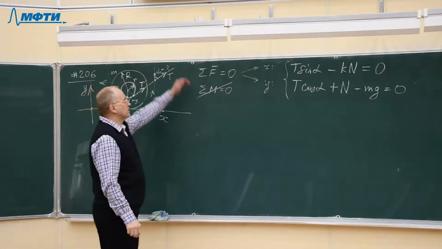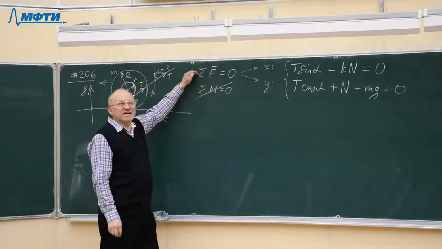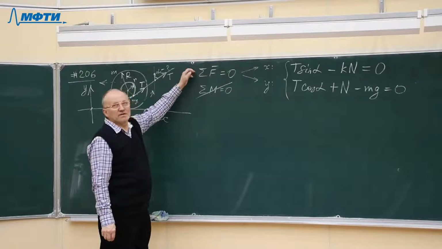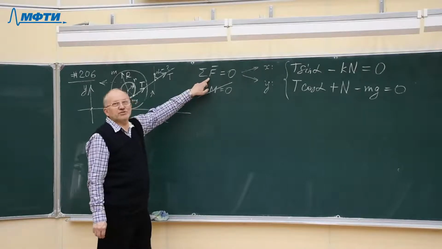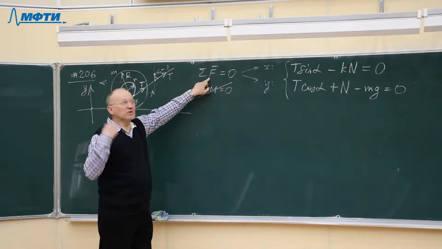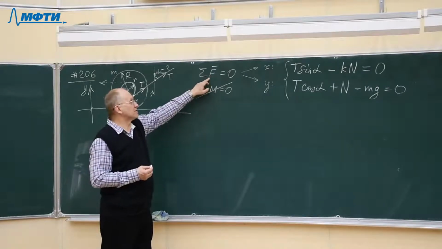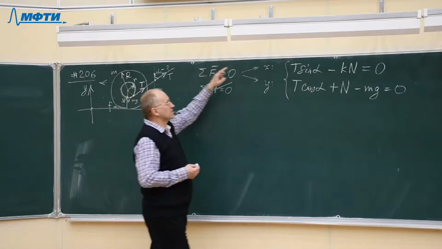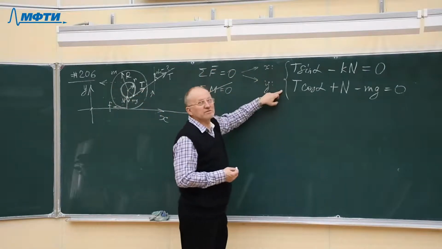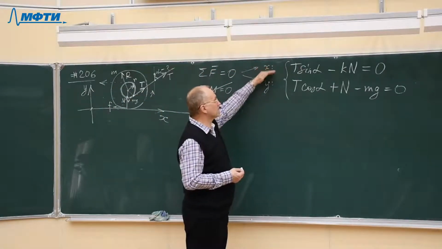So this condition of static equilibrium, the condition that the center of mass of our object does not move, remains at rest. This condition results in two equations, one for the x-axis, another for the y-axis.